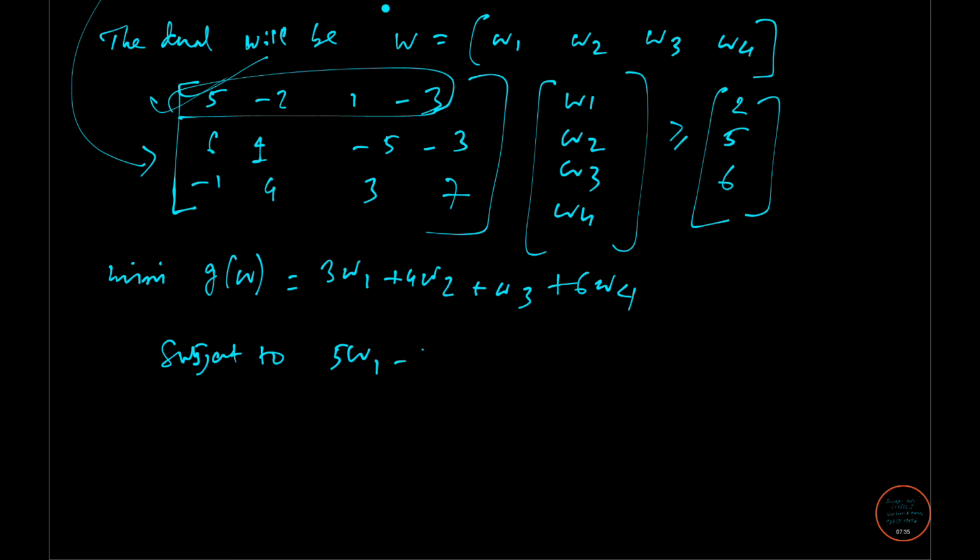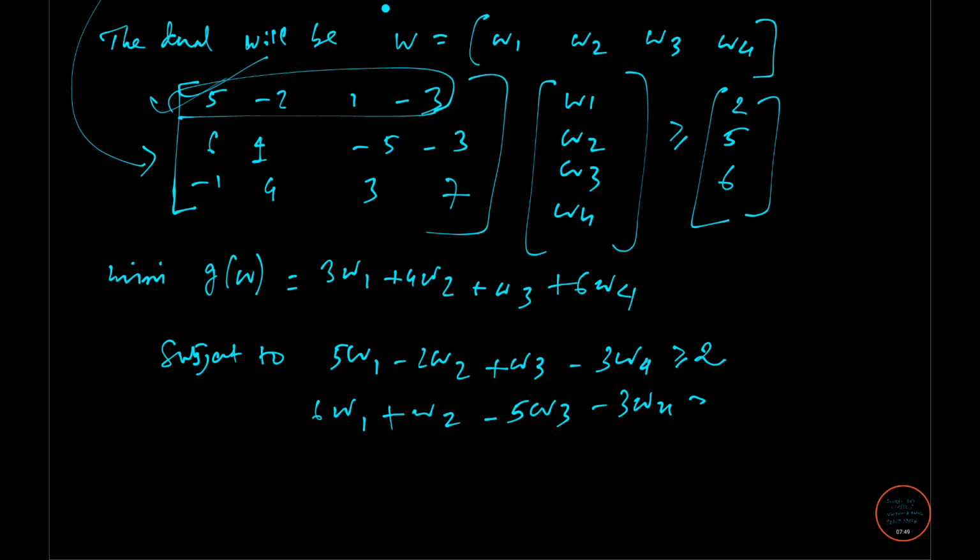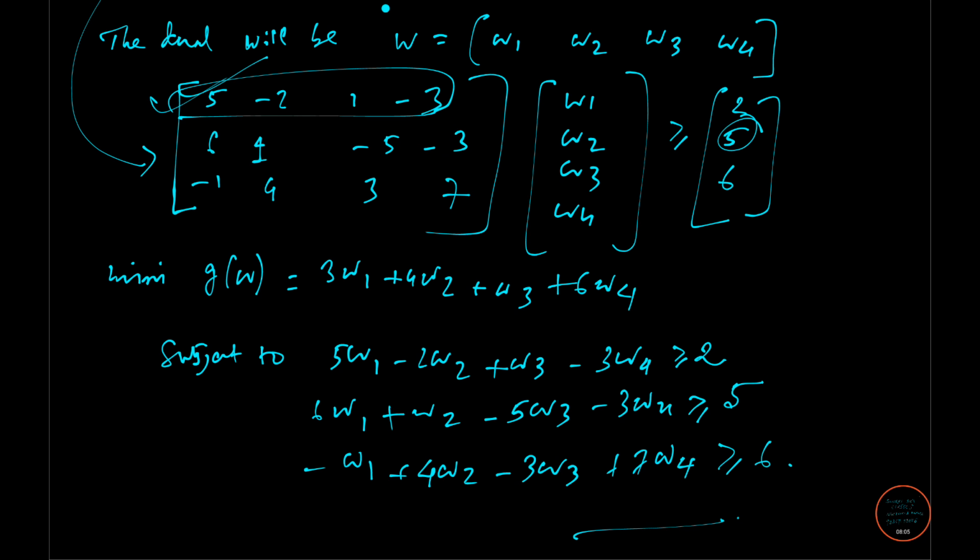So 5W1 minus 2W2 plus W3 minus 3W4 greater than equal to 2, and then 6W1 minus W2 minus 5W3 minus 3W4 greater than equal to this, that is 5, and then minus W1 plus 4W2 minus 3W3 plus 7W4 greater than equal to 6. All these less will become greater, and that's the answer of the first duality.